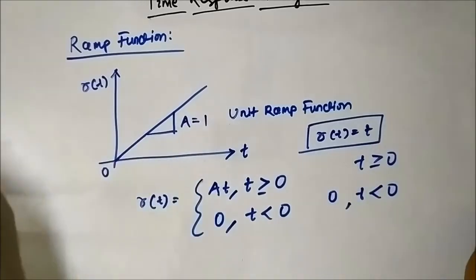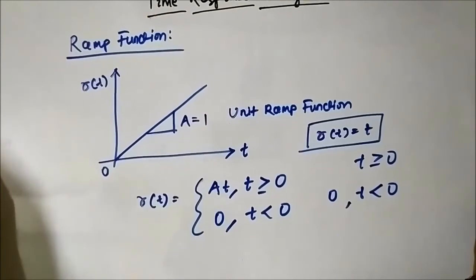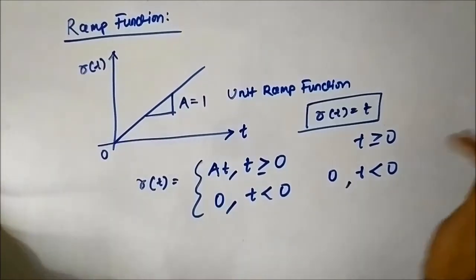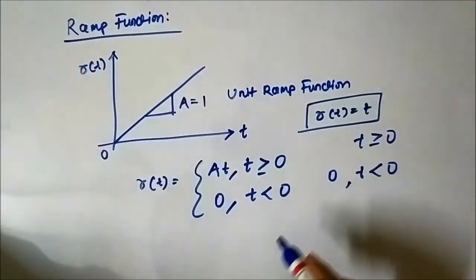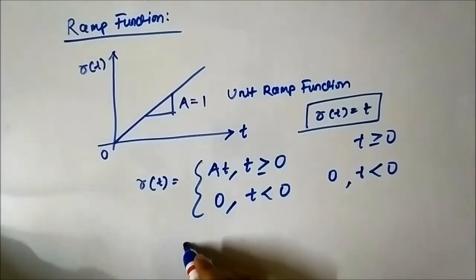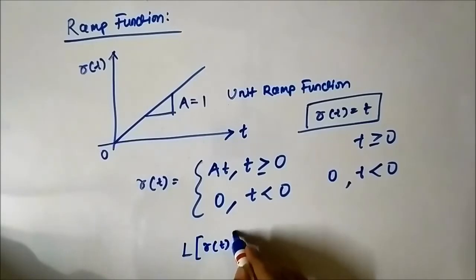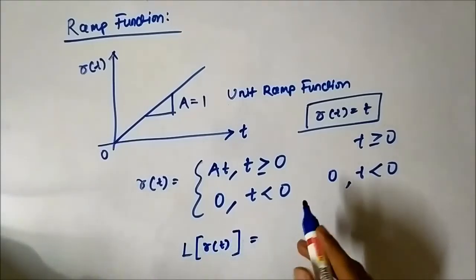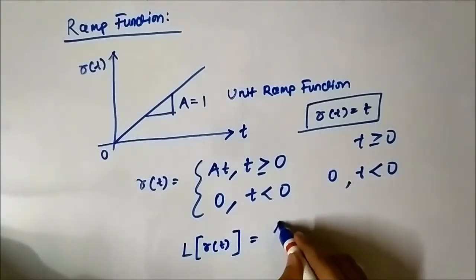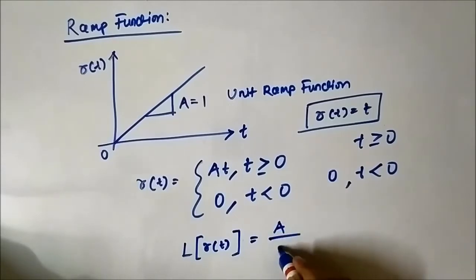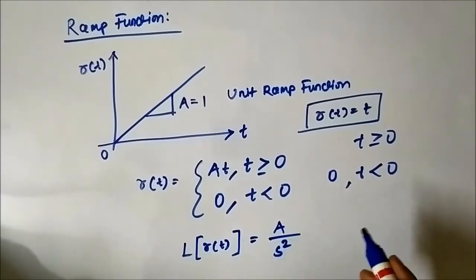Now again, since we have to use the Laplace domain or S domain approach, the Laplace transform of the ramp function will be A by S square. How?